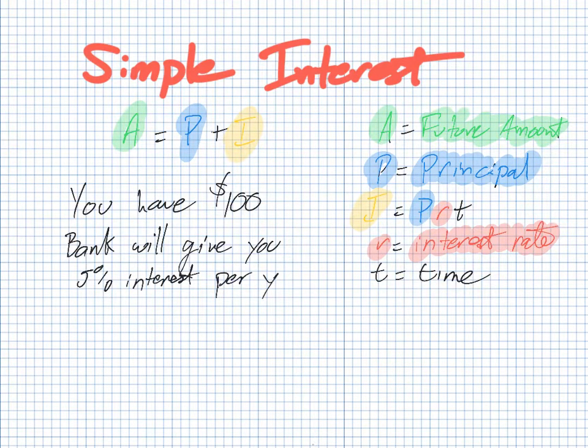It's really important you find out over what time frame. This is a ridiculous scenario. You'll very barely ever get a rate like that from a bank. You have $100. The bank will give you 5% interest a year, so these are kind of point form. And let's say you invest the money for 1 year to start.